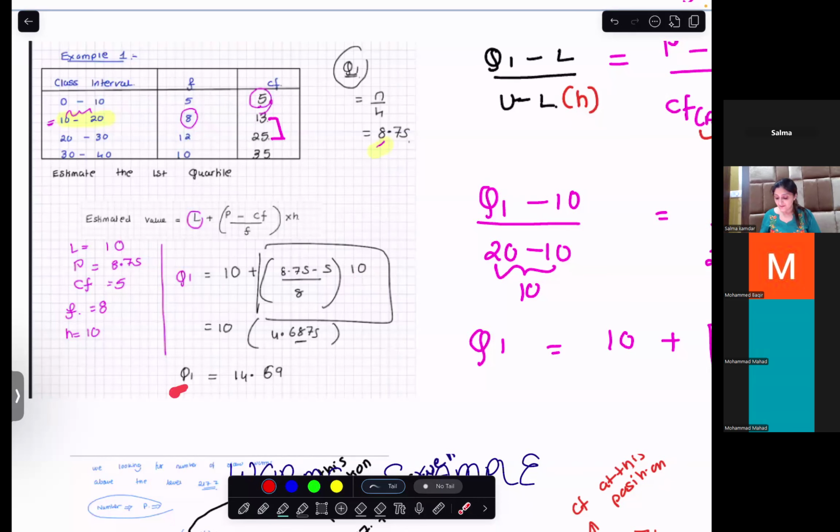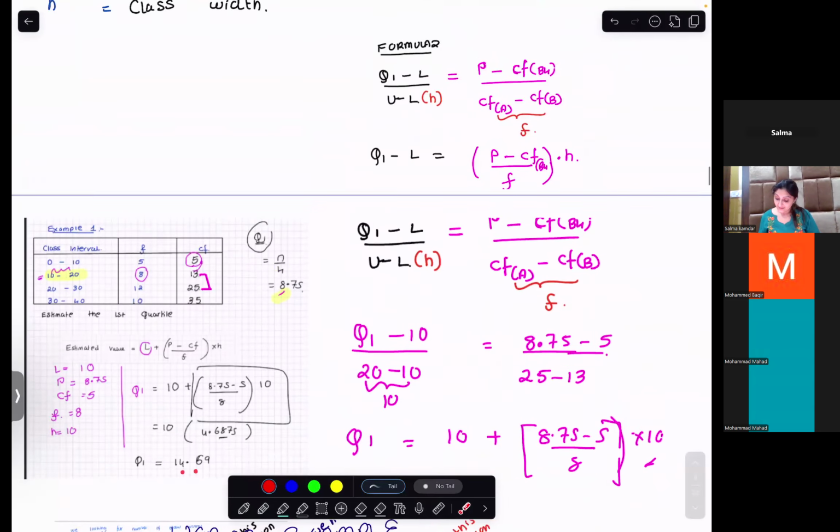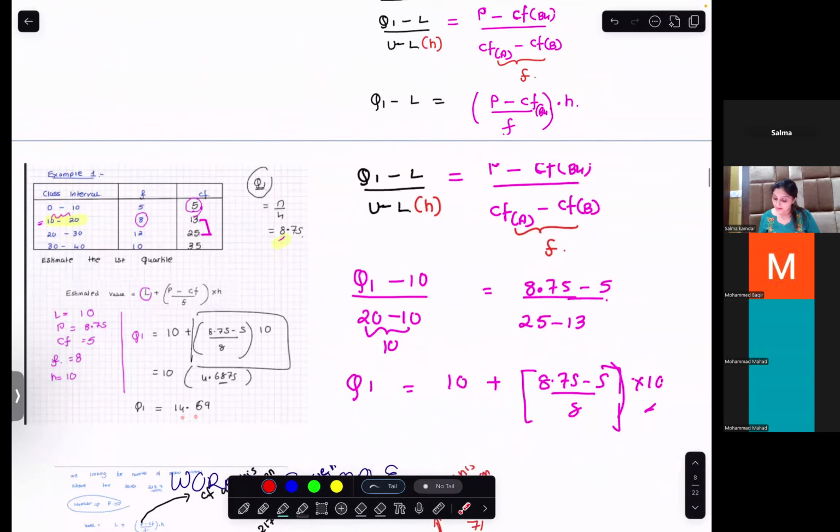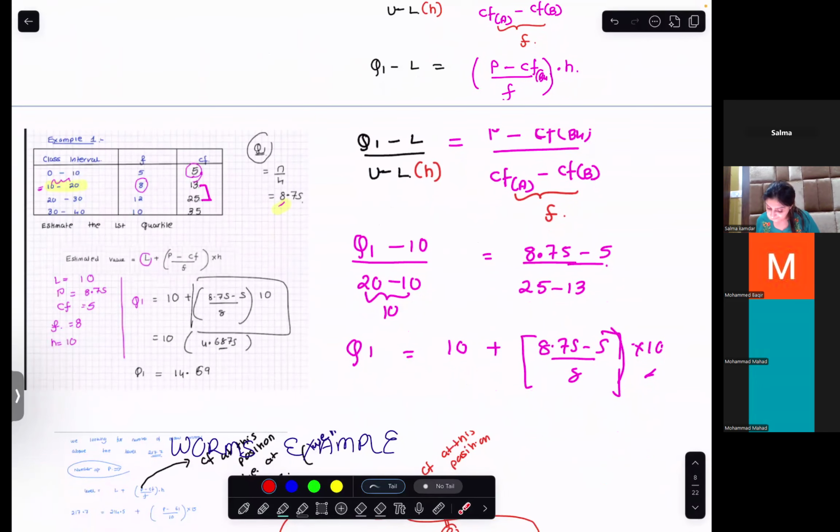Okay, so it will give us the range. Q1 would be 14.69. Are you with me? That means 14.69 data values lie in Q1.